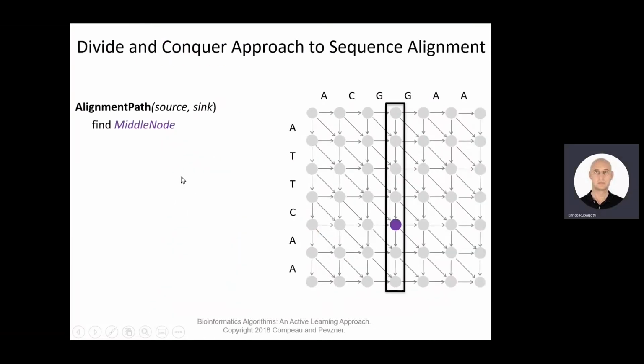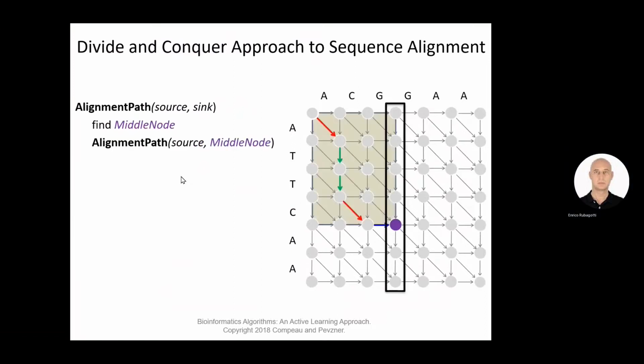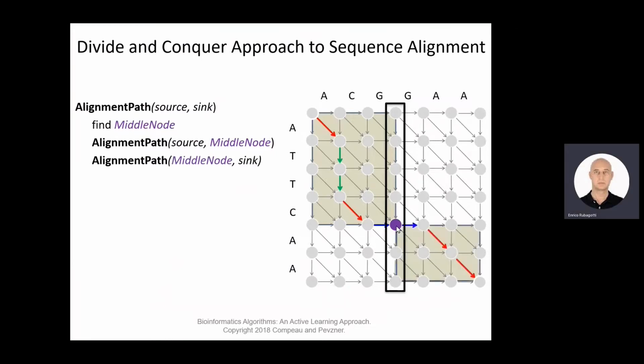And I'm going to apply a divide and conquer approach. Because this is a middle point, I know that I can exclude this part. And because this is again a middle point, and because I'm going only south and east, I can exclude this part.